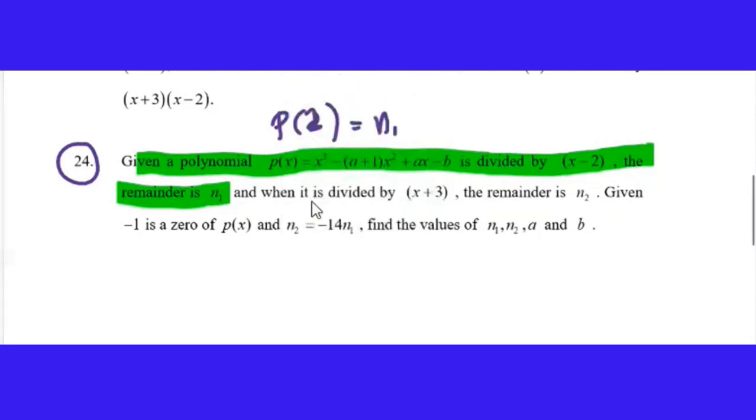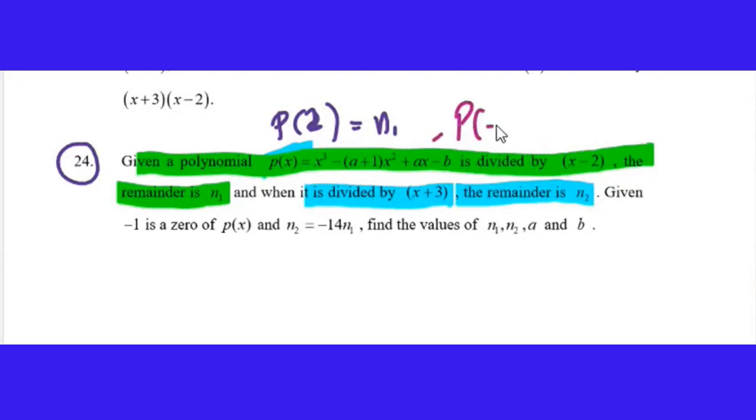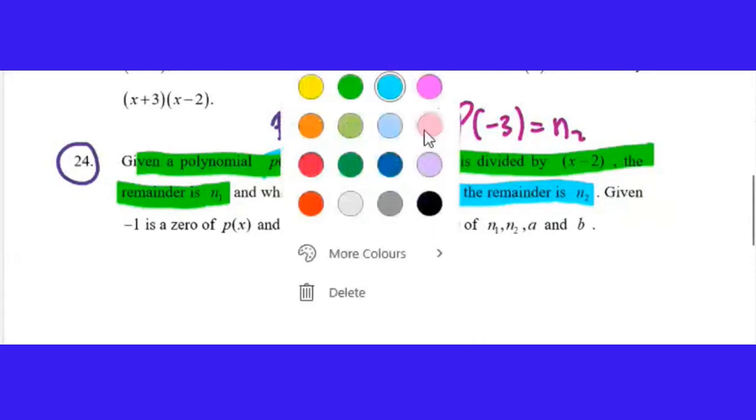And then when P is divided by x plus 3, the remainder is N2. P of negative 3 is N2. Yes, at least you can interpret the question.